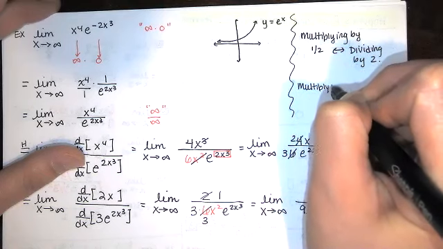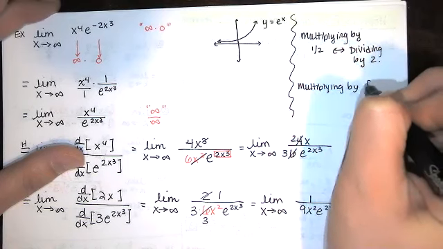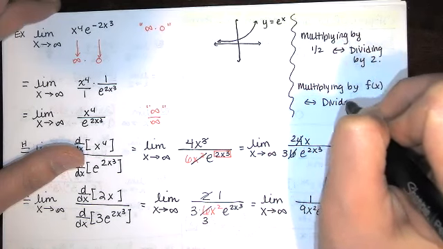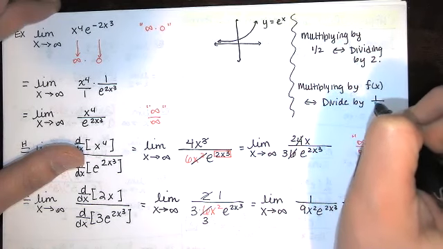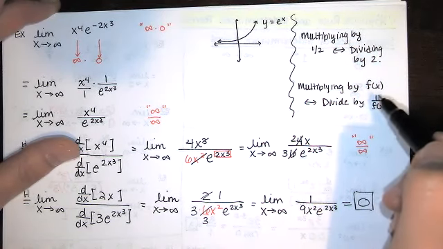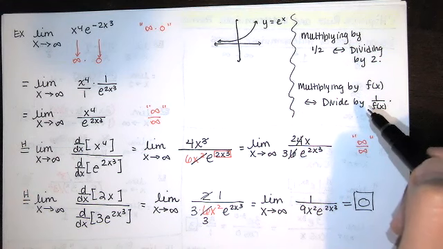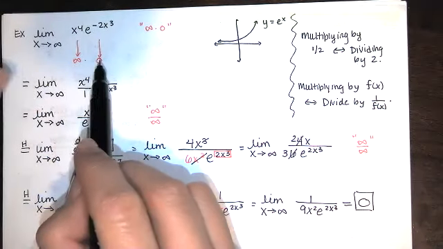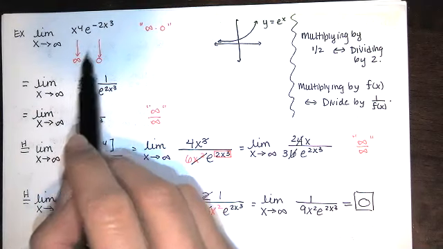Instead of multiplying by f of x, we can divide by 1 over f of x, because dividing by a fraction is the same as multiplying by the reciprocal. That is going to allow us to get rid of this infinity times 0 indeterminate form every time.